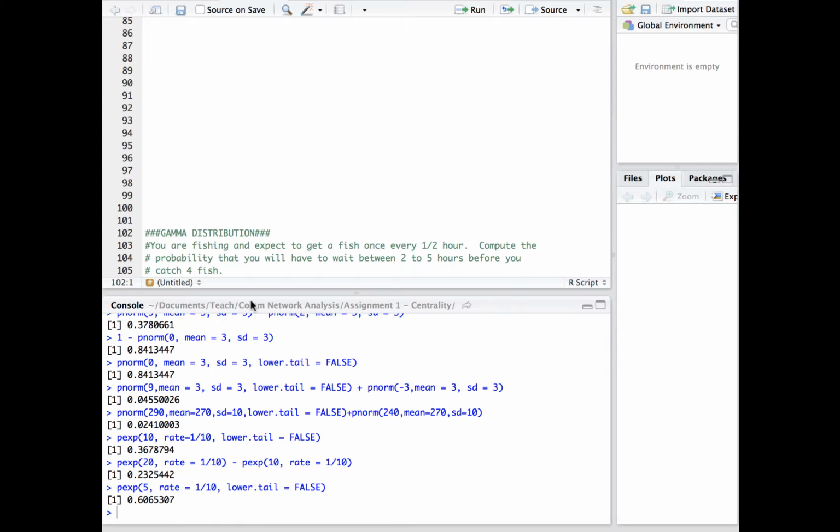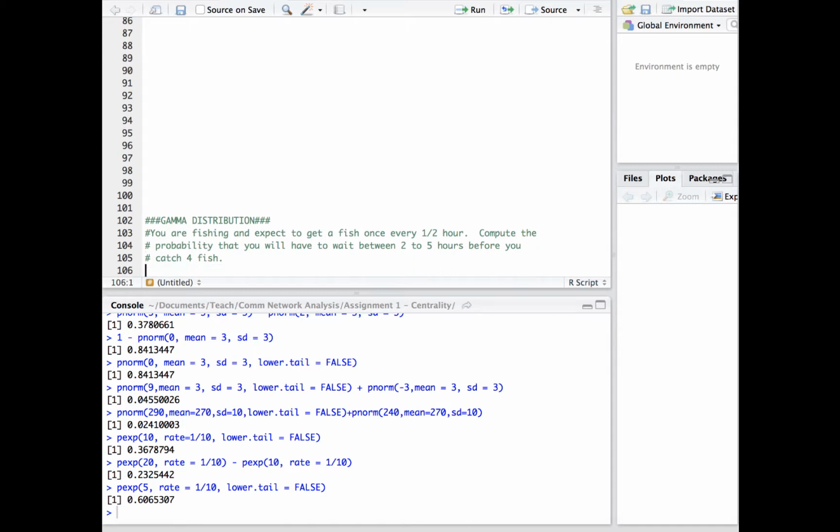Okay, so we're now going to look at the gamma distribution. There isn't a really good example problem in your book, so I've made one up for you. Let's say you're fishing and you expect to catch a fish once every half an hour. We want to compute the probability that you'll have to wait between 2 to 5 hours before you catch 4 fish.